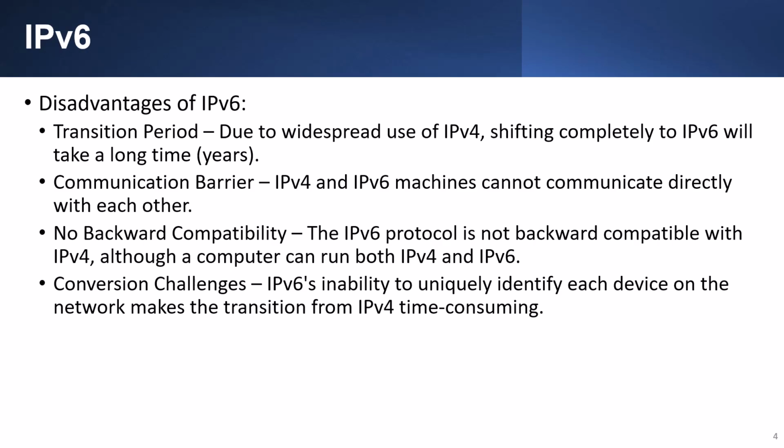There's no backward compatibility. The IPv6 protocol is not backward compatible with IPv4, although a computer can run both IPv4 and IPv6 at the same time. There are conversion challenges, where IPv6's inability to uniquely identify each device on the network makes the transition from IPv4 time-consuming.